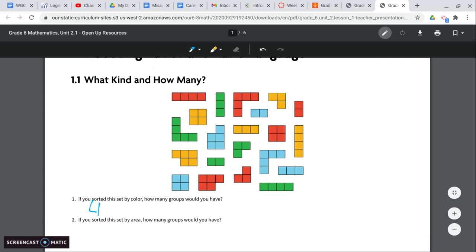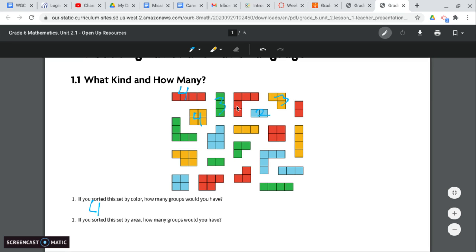What if we sorted this by area? If we look at the area of these figures, here we have 1, 2, 3, 4. So we've got an area of 4 on that one. We've got 1, 2, 3, 4 on this one. This one has 3. This one has 2. This one has 3.